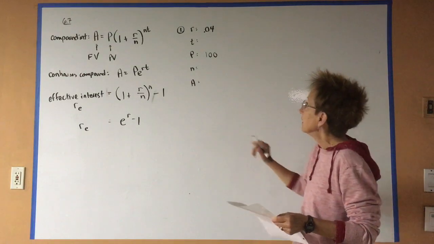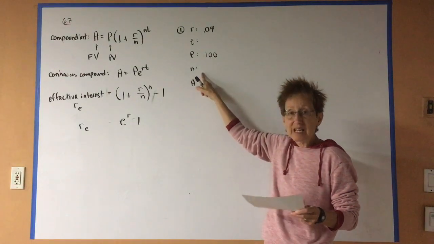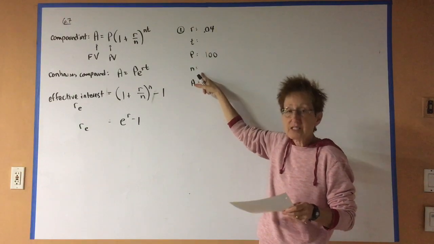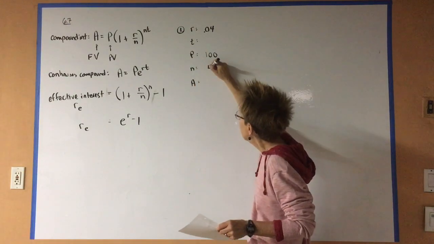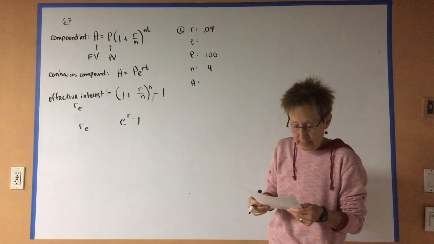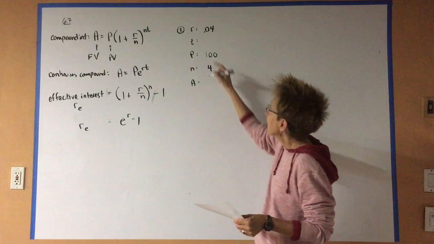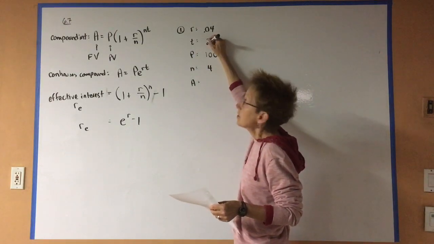Compounded quarterly. So they're telling me how many times a year it is being compounded. If it's compounded quarterly, then n is going to be 4. And it's being compounded quarterly for 2 years. So time is in years, 2.